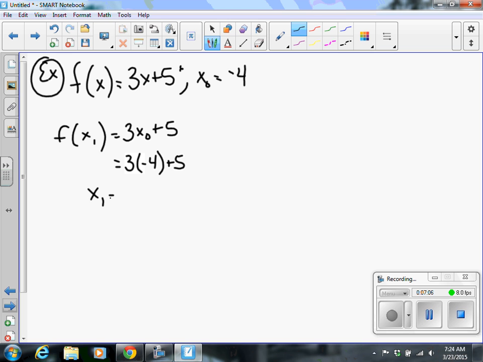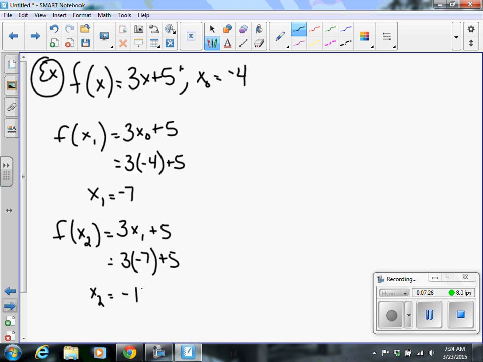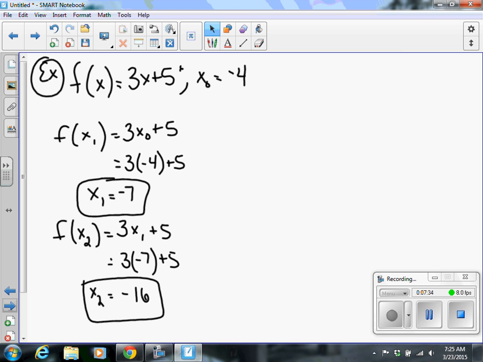So x1 equals negative 7. To get x2, x2 then equals negative 21 plus 5 gives me negative 16. Okay, so all you need is the previous term in order to use recursion.